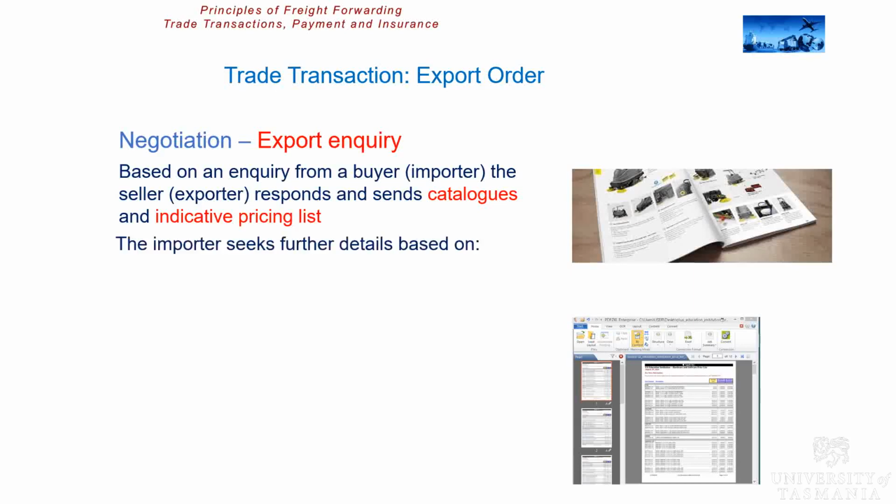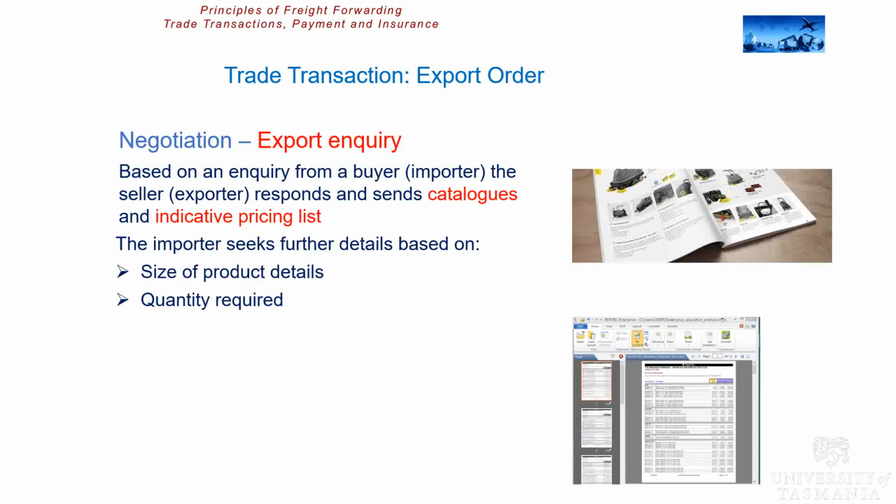Now, from the importer's point of view, they've instigated the inquiry. They're going to use that information to make some form of decisions about whether it wants to buy the goods from the seller. So the type of additional questions that might be asked by the buyer could be the size of the product, what quantity is required in the form of a purchase.